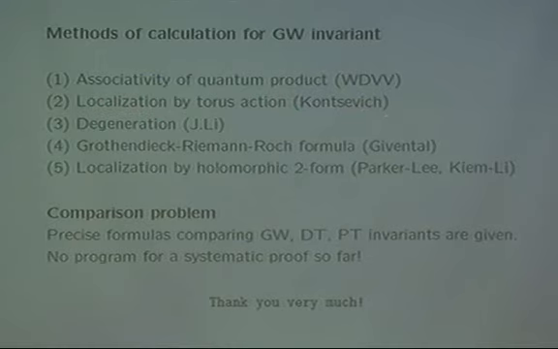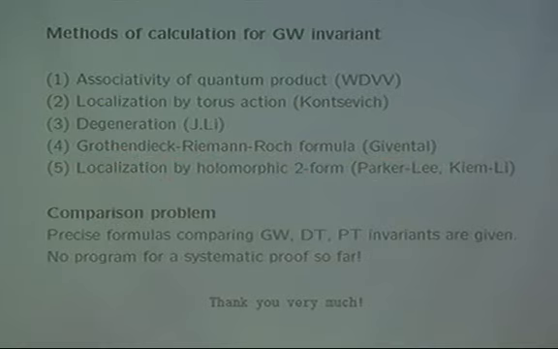In the degeneration technique, you degenerate your given variety into a simpler variety and then just calculate Gromov-Witten there. And then there's a method by the Grothendieck-Riemann-Roch formula by Givental and his students. And there's another new technique, localization by holomorphic two-form.